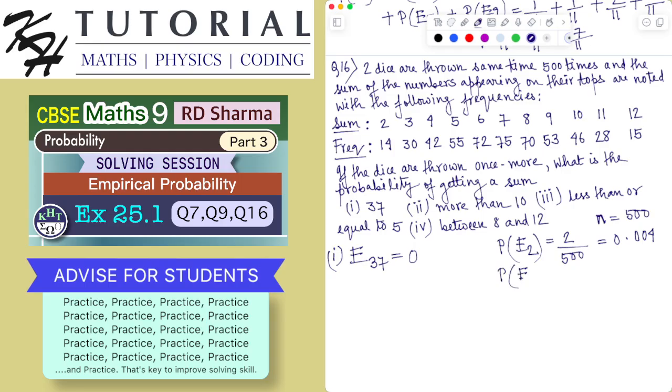Similarly, the probability of the event E3, where the sum of the numbers appearing on the top of two dice is 3, based on the empirical formula, will be... sorry, I made a mistake. For the probability of E2, m is not 2 but 14. I'm sorry.